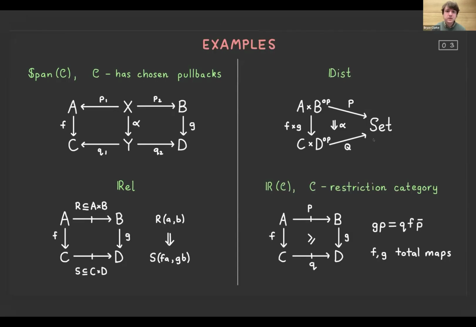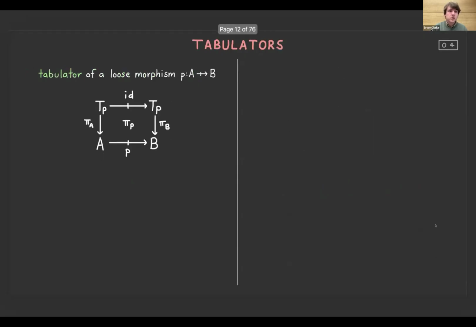And another example, something I've been thinking about at the moment with the Adjoint School group, is that if C is a restriction category, some categorical encoding of partiality, then we can form a double category where the loose morphisms are all of the morphisms of our restriction category C, and the tight ones are the total morphisms, and the cells exist if this equation holds. Okay, so that's just a variety of examples.